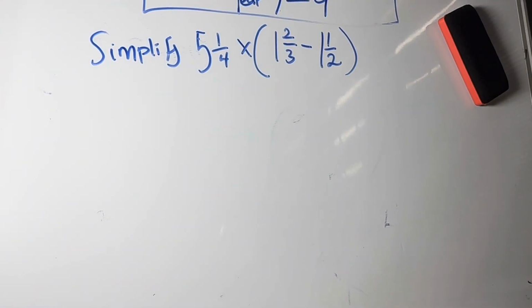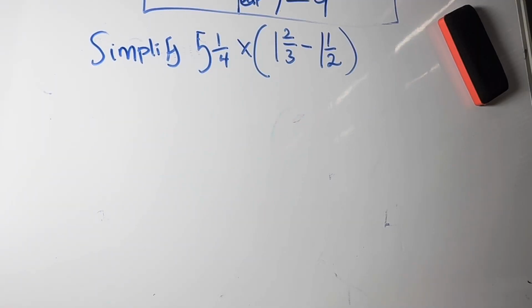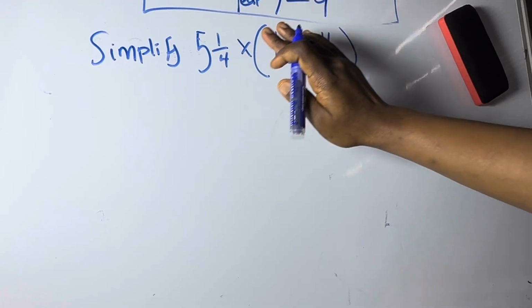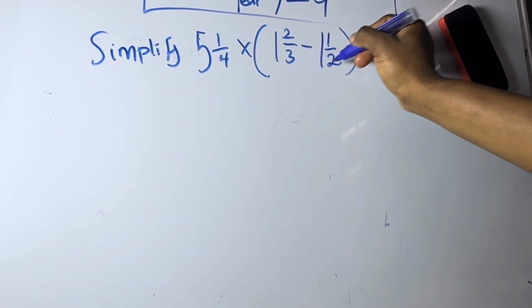Now, don't forget the BODMAS. The B means bracket, O means of, D represents division, multiplication, addition, and subtraction. So now, I'm going to be applying BODMAS by solving the question in the brackets.